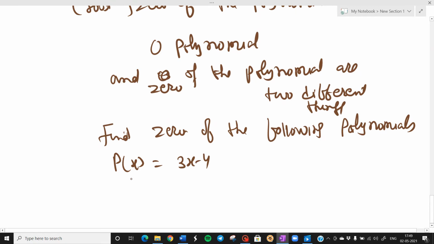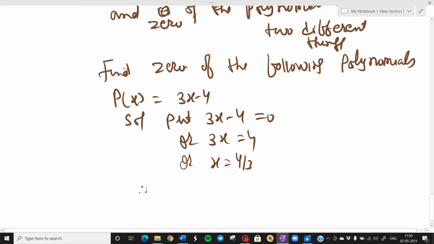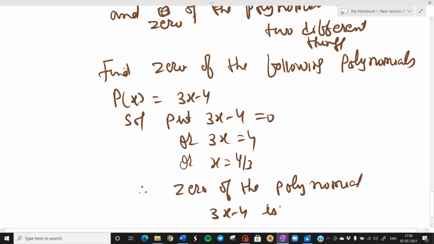So what we do, how to find out, put 3x minus 4 is equal to 0, or 3x is equal to 4, or x is 4 by 3. Therefore, we can say that the zero of the polynomial, that is 3x minus 4, is 4 upon 3. This is example number 1.